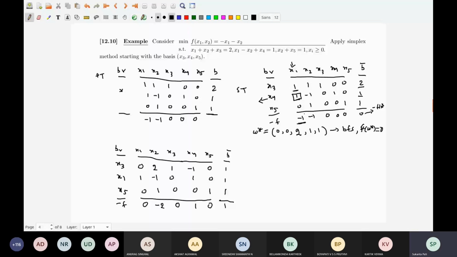Here what happened? Now I have come to a new basis, x3, x1, x5. What is the W star I am talking about here? Now the W star is the following. X1 is equal to 1, x2 non-basic 0, x3 is equal to 1, x4 non-basic 0, x5 is equal to 1. And what is the value?